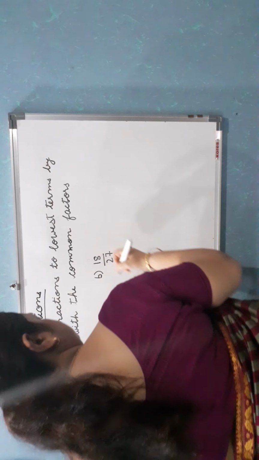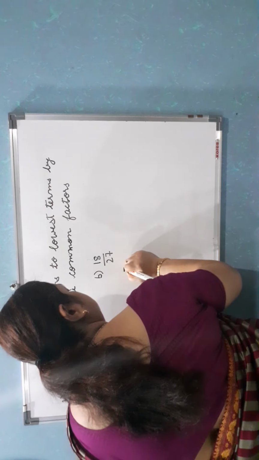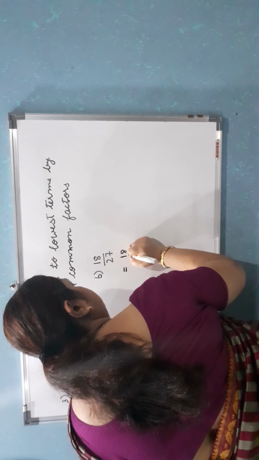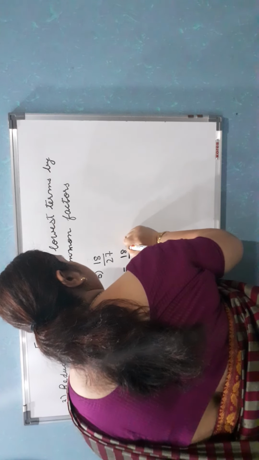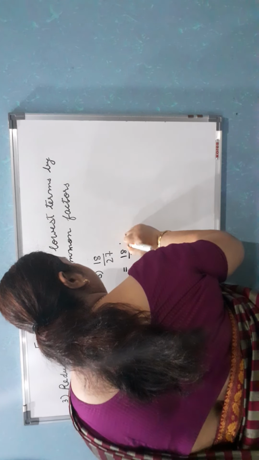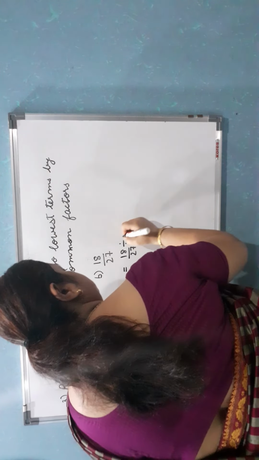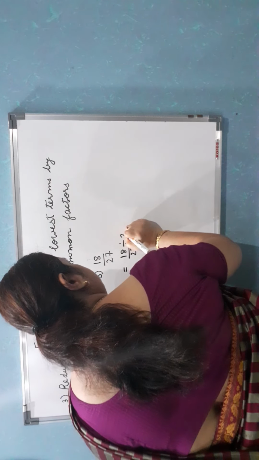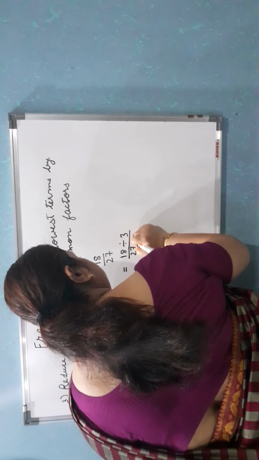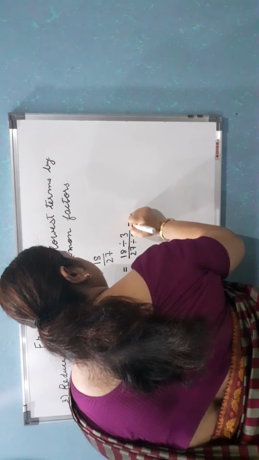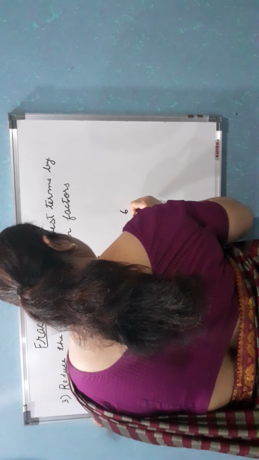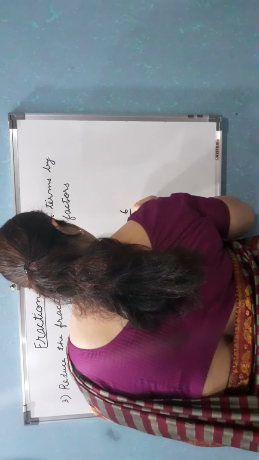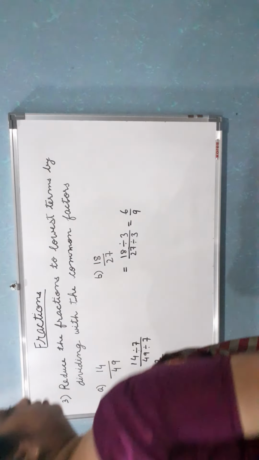Now look here. 18 by 27. Here you can divide by 3. So this will be 3 6s are 18 and 3 9s are 27.